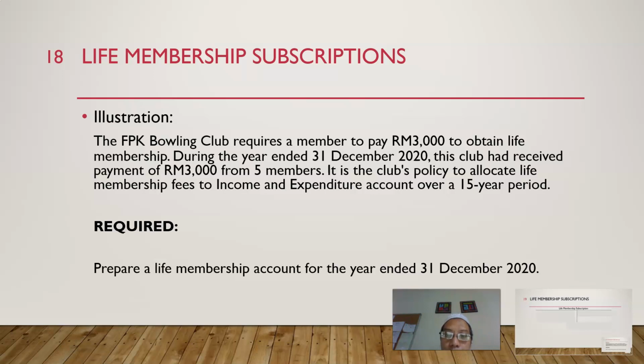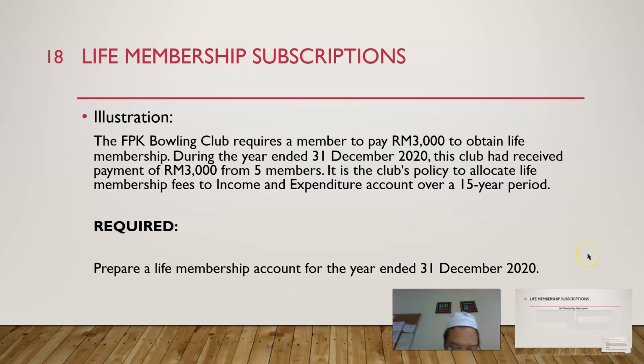So the club makes a policy for its accounting such that any life membership payment will be apportioned every year throughout 15 years. If in this particular case the club receives 15,000 ringgit from 5 members, therefore apportioning it to the current year, the club will recognize 1,000 ringgit as subscription revenue.